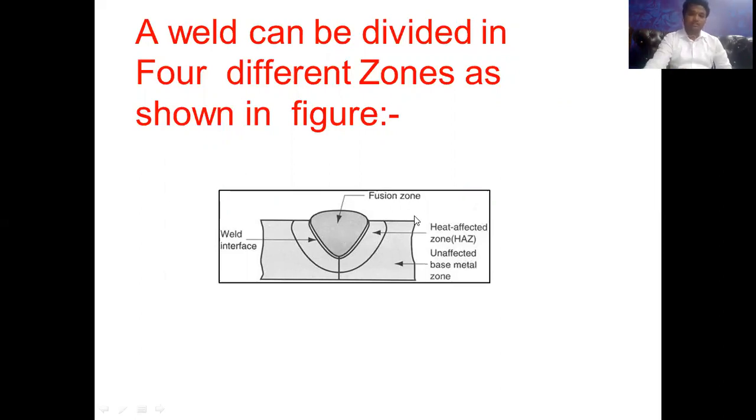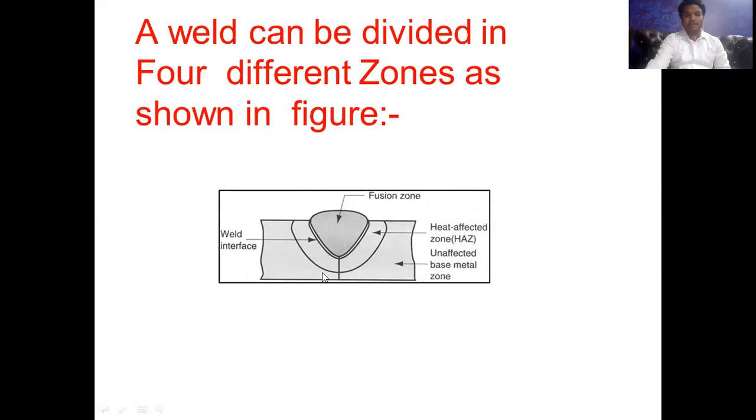The first is called the fusion zone. This is the fusion zone where the melting of the material takes place. Then the zone adjacent to the fusion zone is called the weld interface. This thin line adjacent to the fusion zone is called the weld interface, and the zone next to the weld interface is called the heat affected zone.